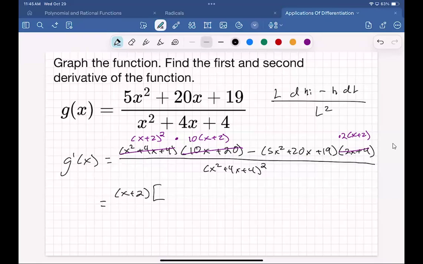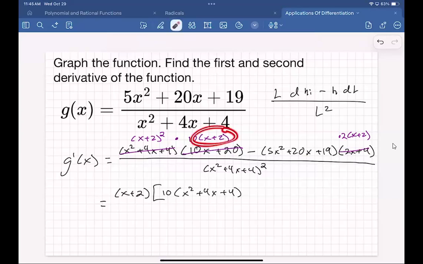I'm getting one of those out of the way. What that's going to leave me with is 10 times the x squared plus 4x plus 4. All right. I was only able to get one of these away, and it's a little bit nicer to do 10 times this than in this form here. So that's why I'm just going to use the one that's more convenient here.